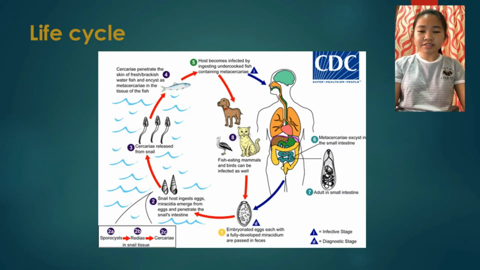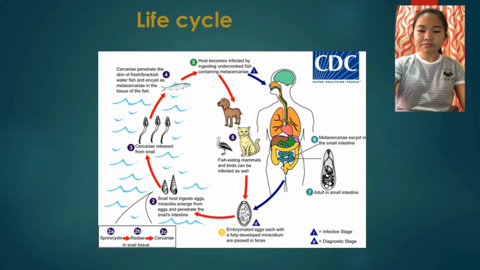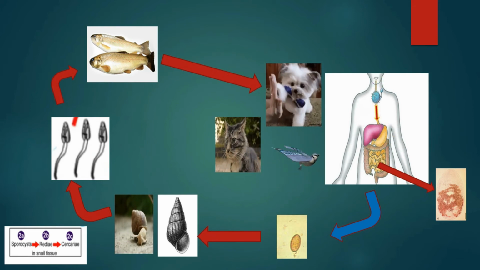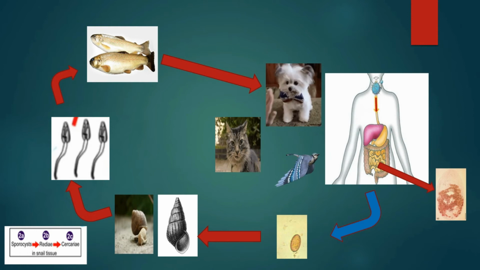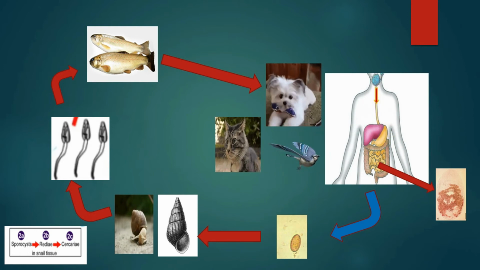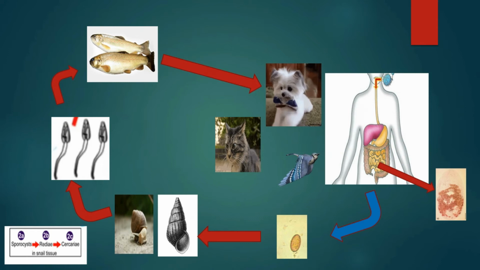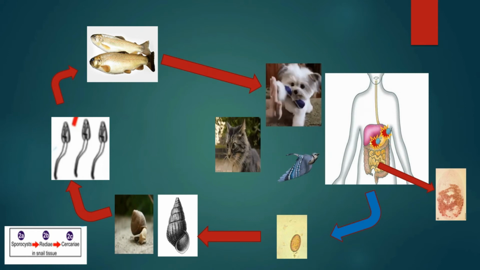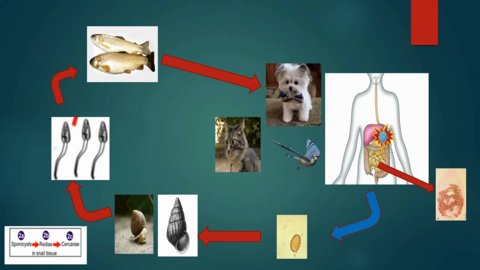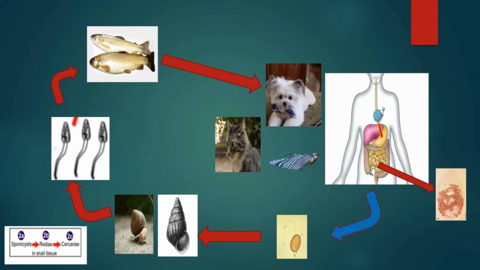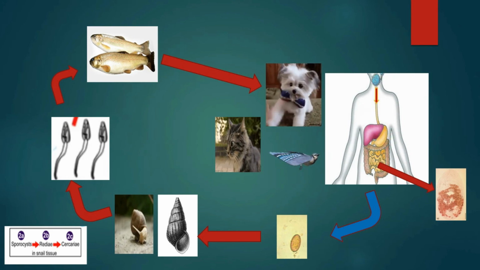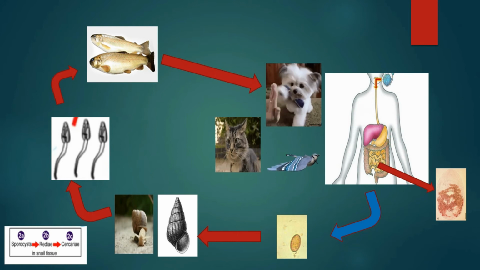Now let us discuss the life cycle of Metagonimus yokogawai. First, adults release fully embryonated eggs, each with a fully developed miracidium, and eggs are passed in the host feces. Snails are the most frequent intermediate host. The miracidia undergo several development stages: sporocyst formation, redia formation, and cercaria formation.